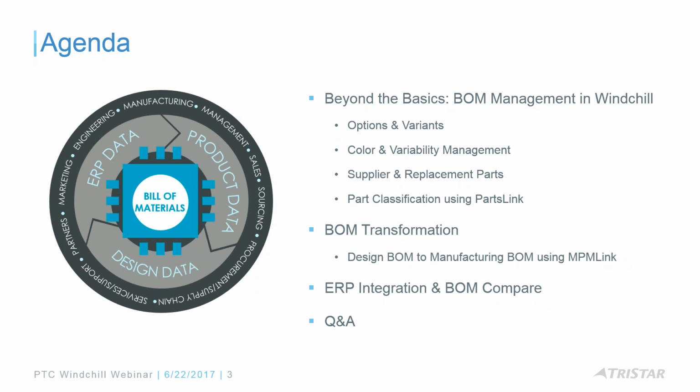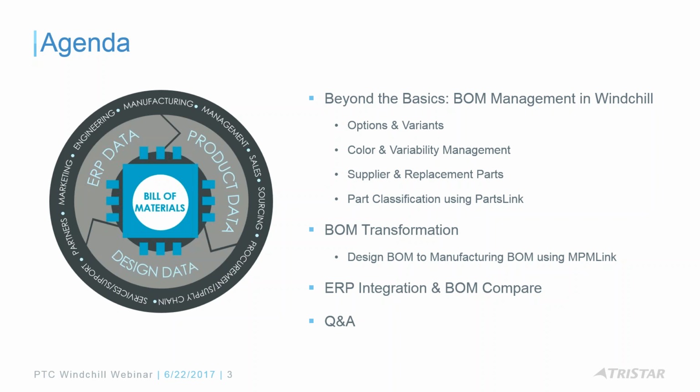We're also going to take a look at, once we have a BOM in Windchill with all this nice rich information, how we can then communicate that to downstream systems like ERP systems or manufacturing scheduling systems.